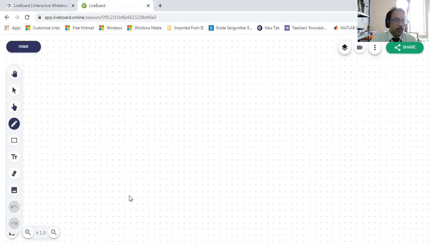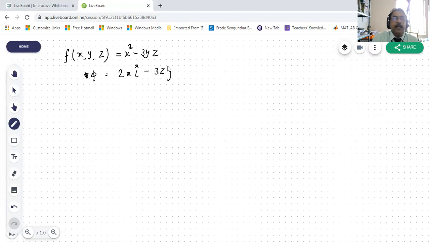The function is given like this: f of x comma y comma z, which is equal to x square minus 3yz, a very simple function, and del phi is given as 2x i vector minus 3z j vector minus 3y k vector.